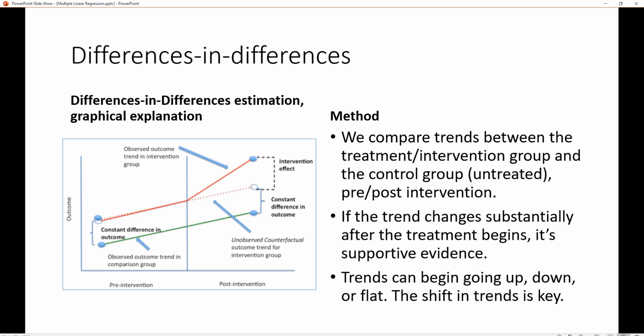And as a summary of the method, we compare trends between the treatment and intervention groups and the control group, pre and post intervention. So in the graph, the red line represents our intervention group, and the green line represents our control group.